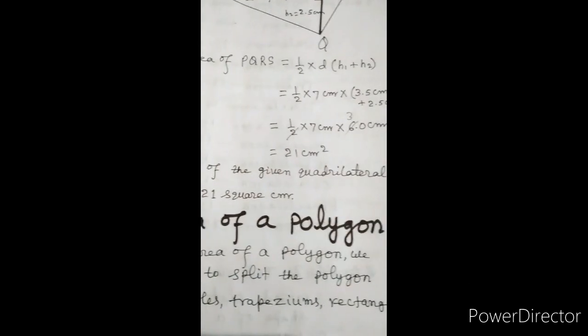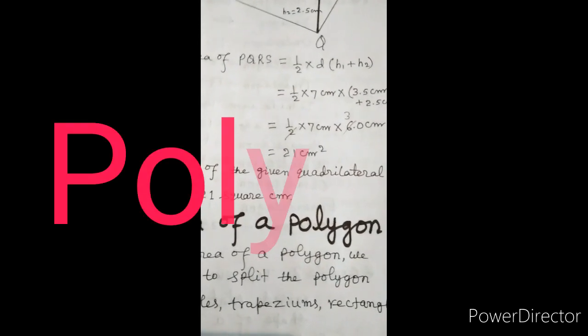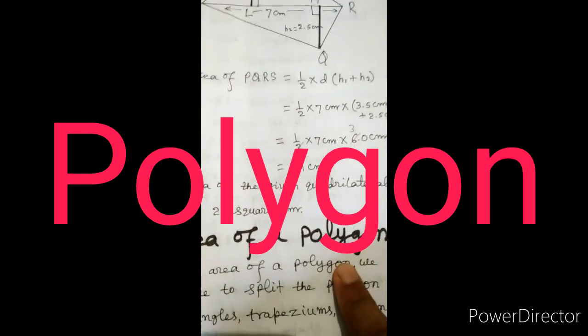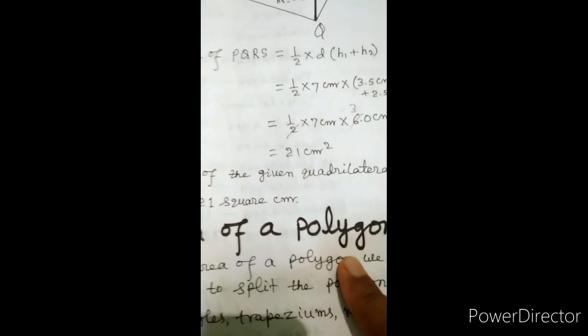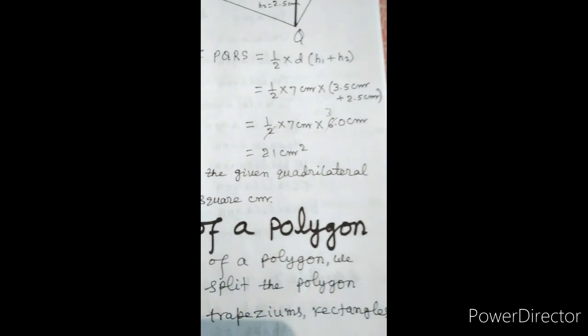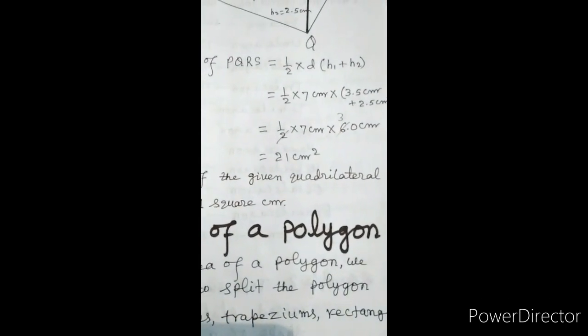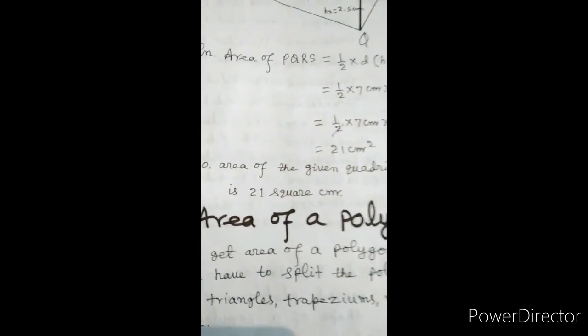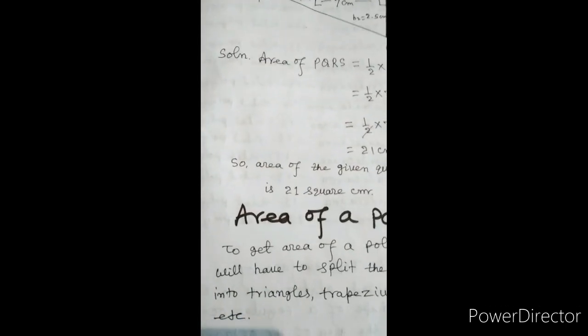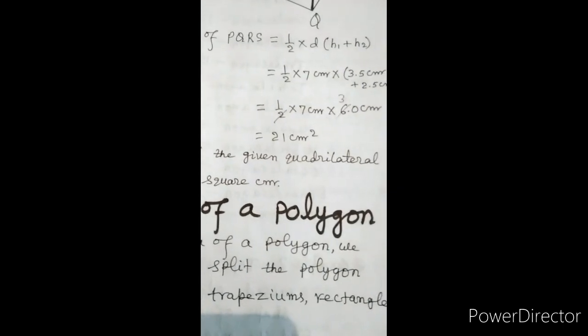Now, what will be area of a polygon? Firstly, try to understand about polygon. What is a polygon? Poly stands for many and gon stands for angles. In this way, polygon is a closed figure having many angles.